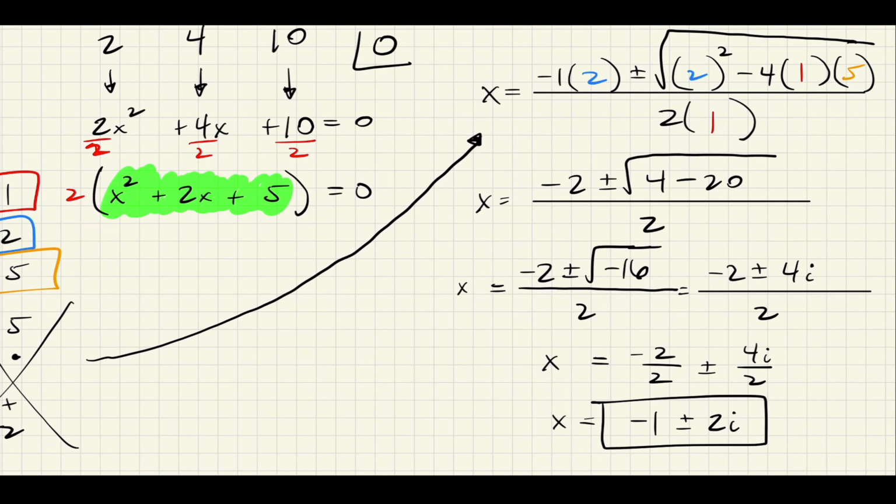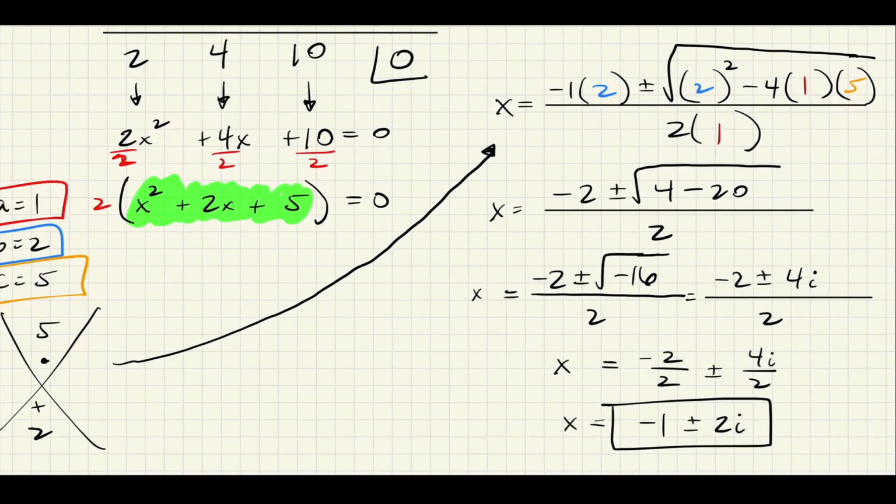How many answers did that give me? 2 answers. Yeah, it actually gave me 2 answers: -1 plus 2i and -1 minus 2i, right? So there are my 2 answers.